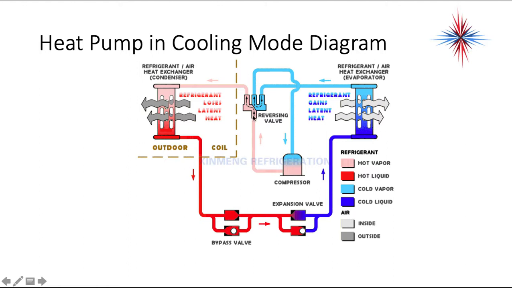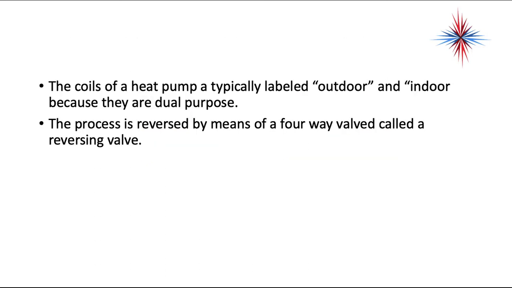So once again, the compressor always connects to the same two pipes on the reversing valve. The discharge is on the single pipe by itself. The suction is always on the pipe in the center. That is a heat pump in cooling mode. Now, the coils of a heat pump are typically labeled outdoor and indoor because they are dual purpose.